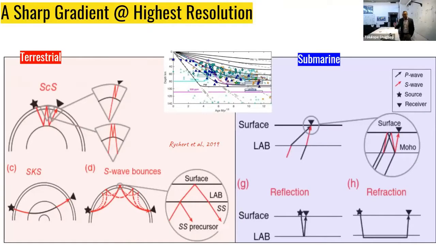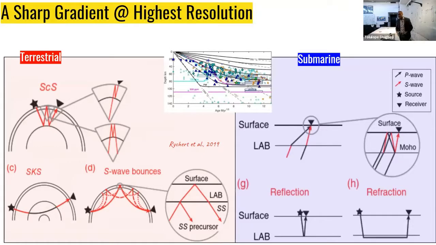But the debates will continue. We'll try to understand and improve seismic images, but I wanted to just draw attention to how seismologists do detection, imaging of oceanic plates. On the left here, I've classified all these techniques as terrestrial seismic imaging methods. And on the right, submarine seismic imaging methods.